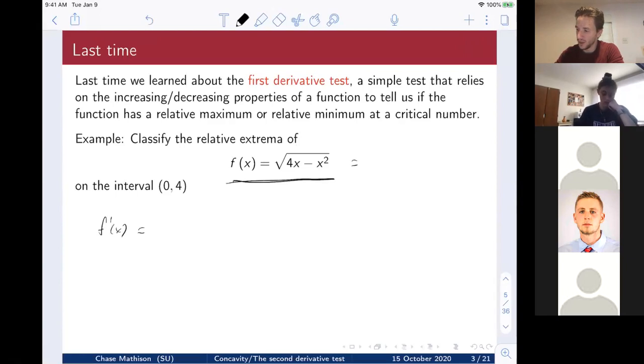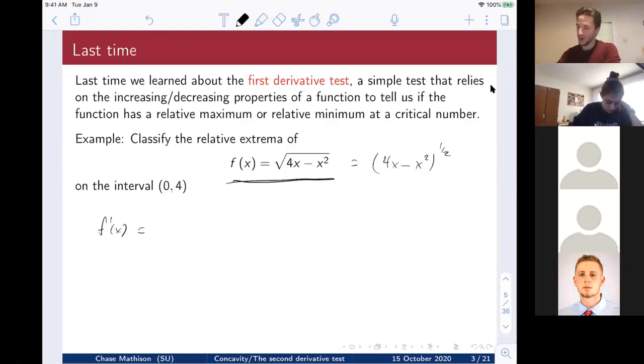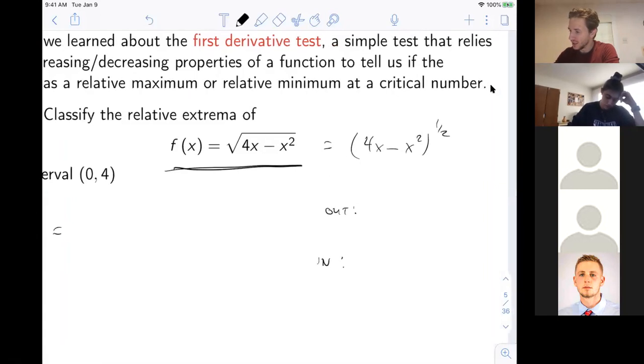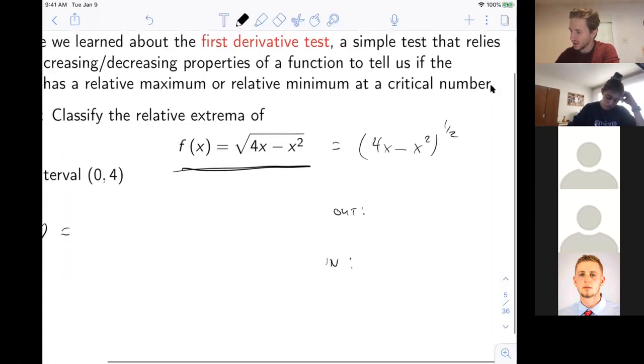We could rewrite this as 4x minus x squared to the 1/2. To take the derivative here, what rule do I need to use? Chain rule? Yeah, I need the chain rule. I need to know what my outside function is and what my inside function is. Let's do the inside function first. What's the inside function?